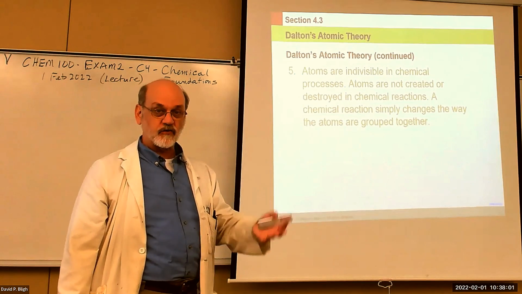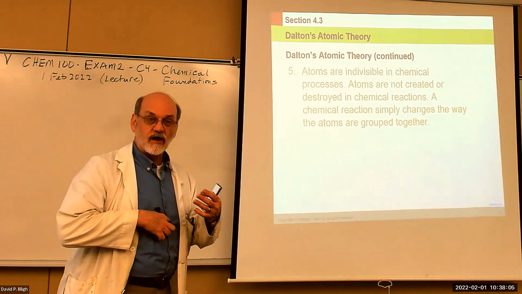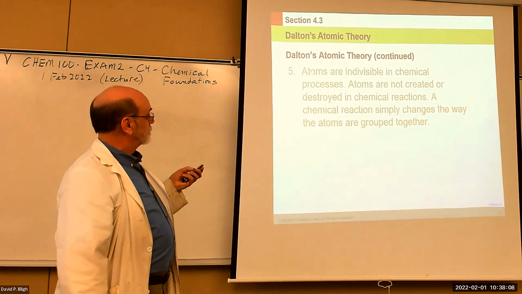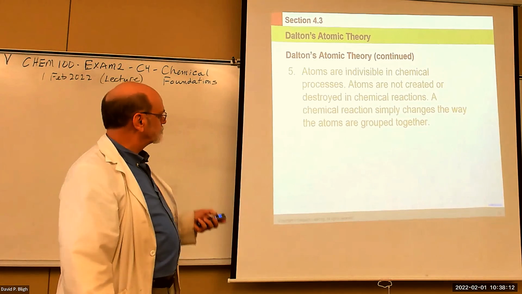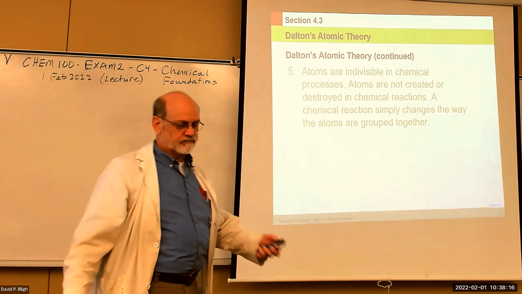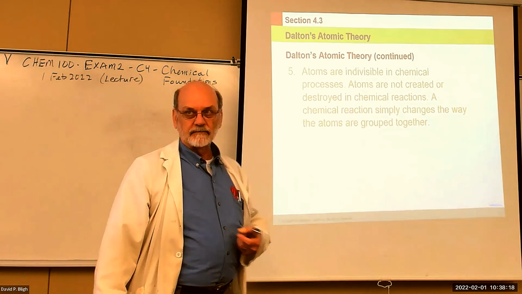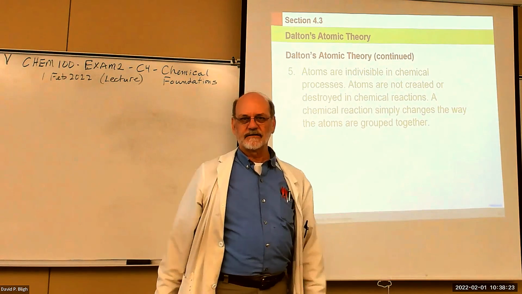You can't create or destroy atoms. So that's why Lavoisier's law works. Dalton fitted it into his theory. It just rearranges, like somebody blows a whistle and you swap partners in the dance.